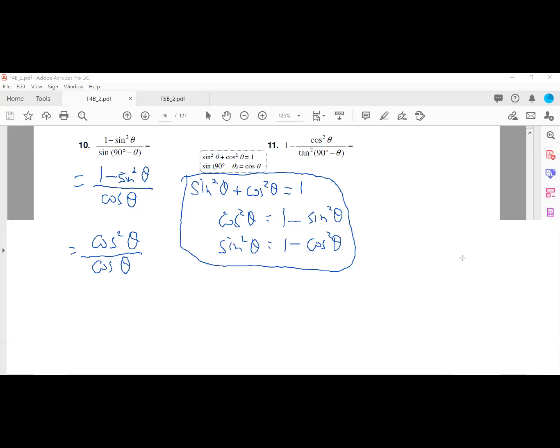So now we have cosine square theta over cosine theta. 上邊係 cosine 2次 theta，下邊係 cosine 1次 theta。咁而家呢度可以約走1次。Okay, so this becomes 1. This is completely cancelled. So what is remaining on the top is cosine theta. On the bottom is 1. Okay, so it is just cosine theta. And that is the answer of number 10. It's okay?